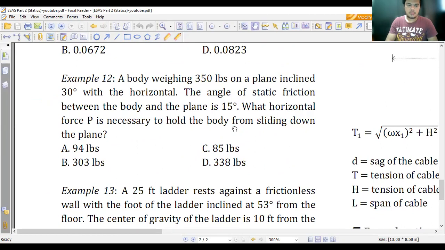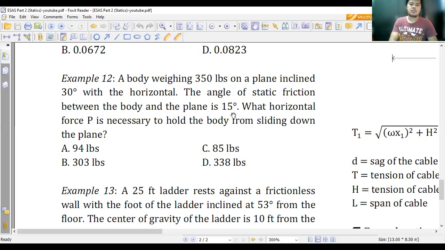In example number 12, we have a body weighing 350 pounds on an inclined plane. This time the plane is inclined 30 degrees with the horizontal. The angle of static friction between the body and the plane is 15 degrees.